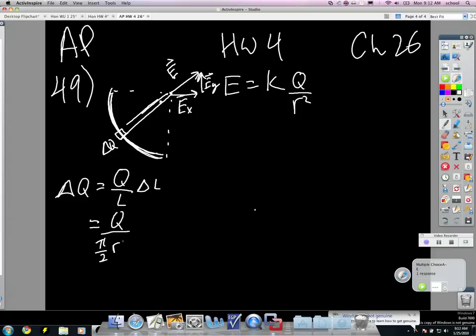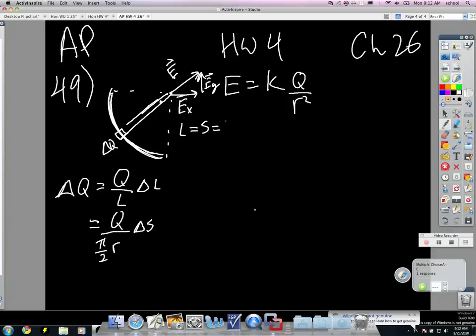If you allow me to go one step more, what we've said is L is basically S, which is equal to 2 pi r over 4, which gives us pi over 2 r. And then delta L, the little section of the length, is actually delta S, the arc length.